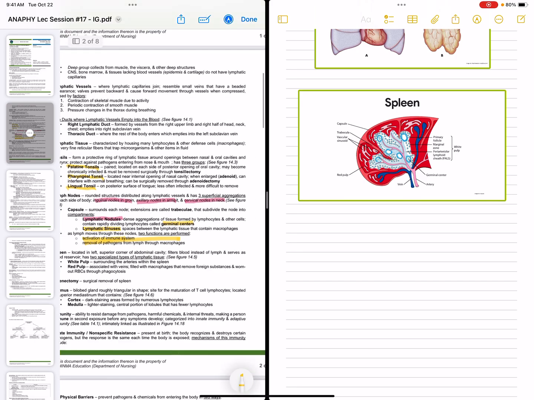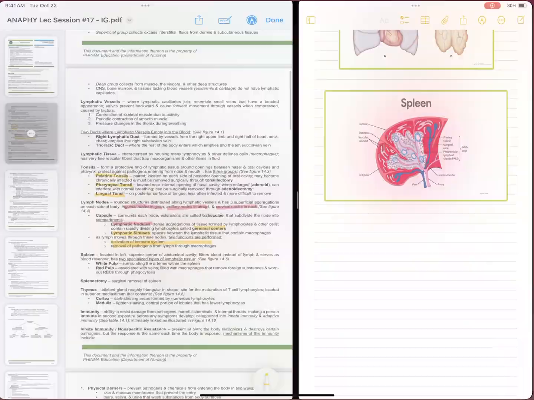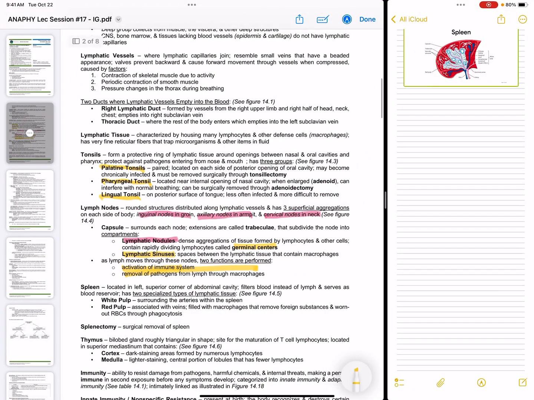So, ang palatine tonsils are paired, located on each side of posterior opening of oral cavity, may become chronically infected and must be removed surgically through tonsillectomy. So, ang procedure nga ginatawag kung mag-remove kita tonsils is ang tonsillectomy ha.